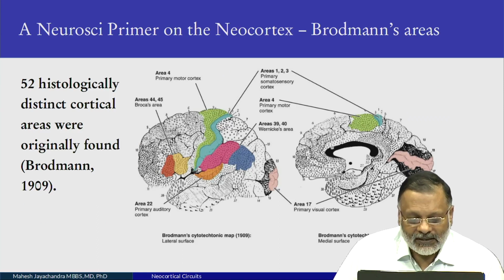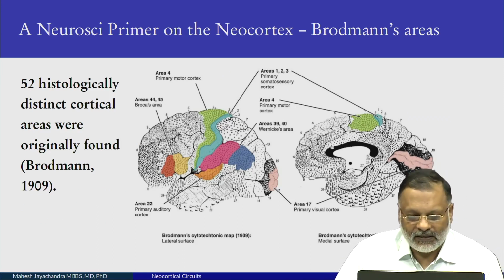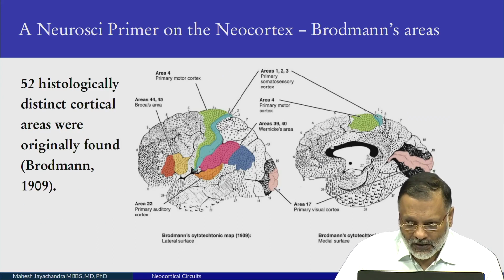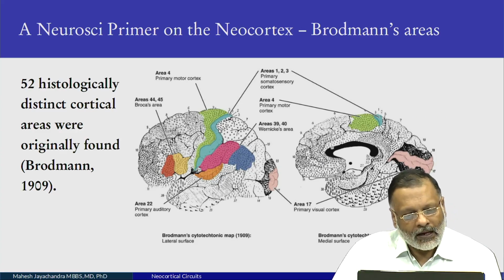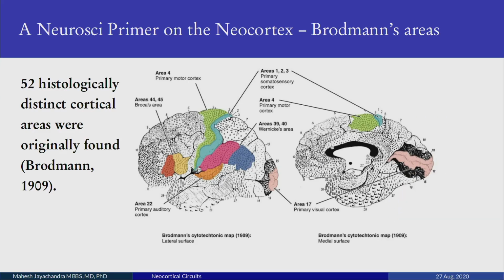So Brodmann, who's an anatomist, did a lot of histology in the early part of the 20th century, and on the basis of gross histology, he showed that there were these histological areas of the brain which subserved certain specific functions. This is the view of the brain from the left side. You have areas 1, 2, and 3, which is the primary sensory cortex.